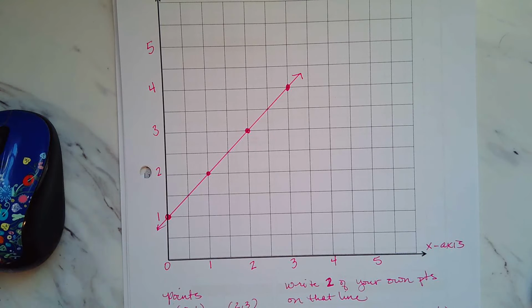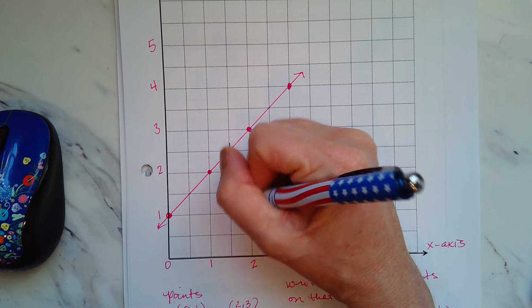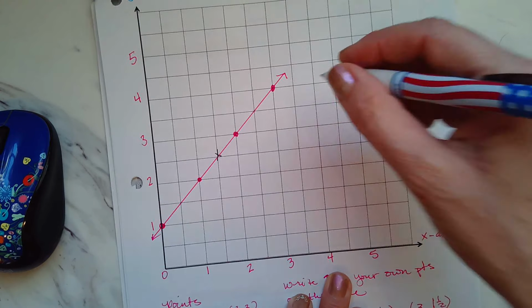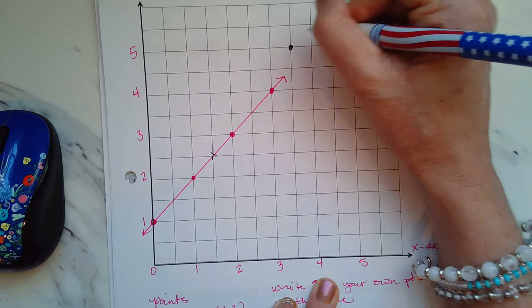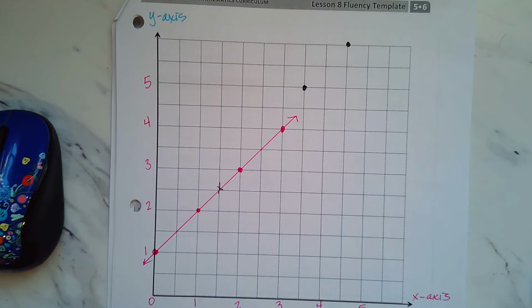All right, what did you come up with? You could have identified 1.5 and, do you know what? Since we're just doing wholes, I would have probably done 4 and 5 and 5 and probably 6.